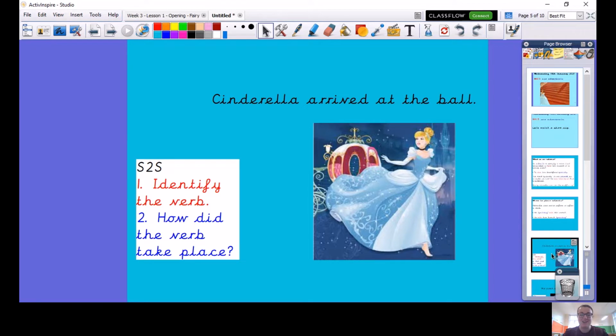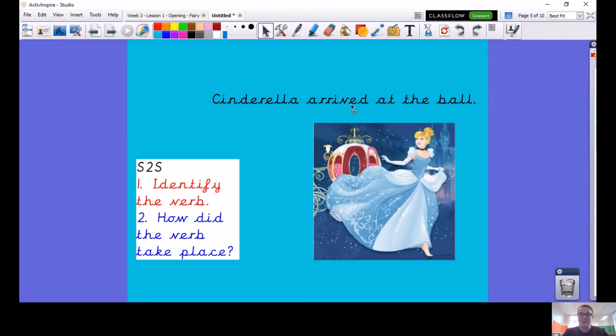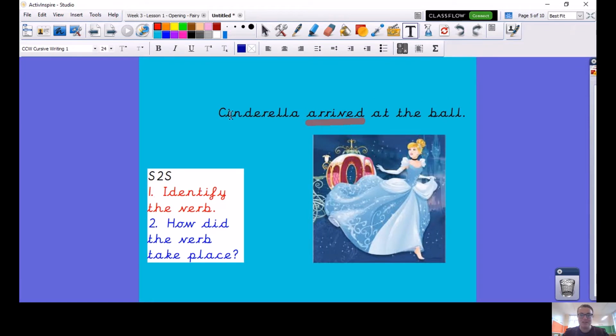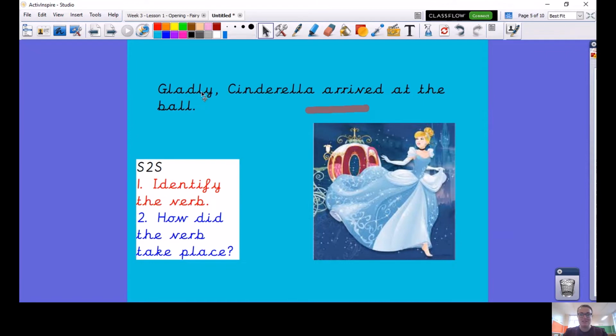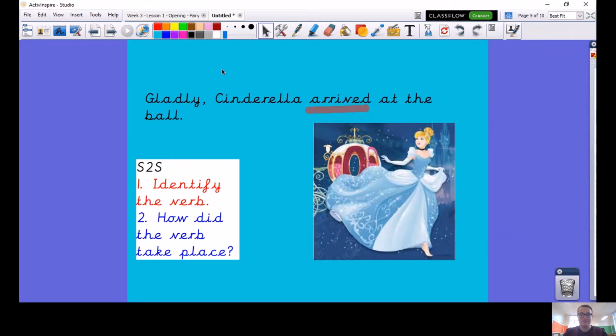That's right, it's arrived. So I know what my verb is. So now I need to be thinking, how does she arrive? Well, I think Cinderella would be very happy to be at the ball, so I'm going to say, gladly Cinderella arrived at the ball, because I think she would be very pleased to have arrived.